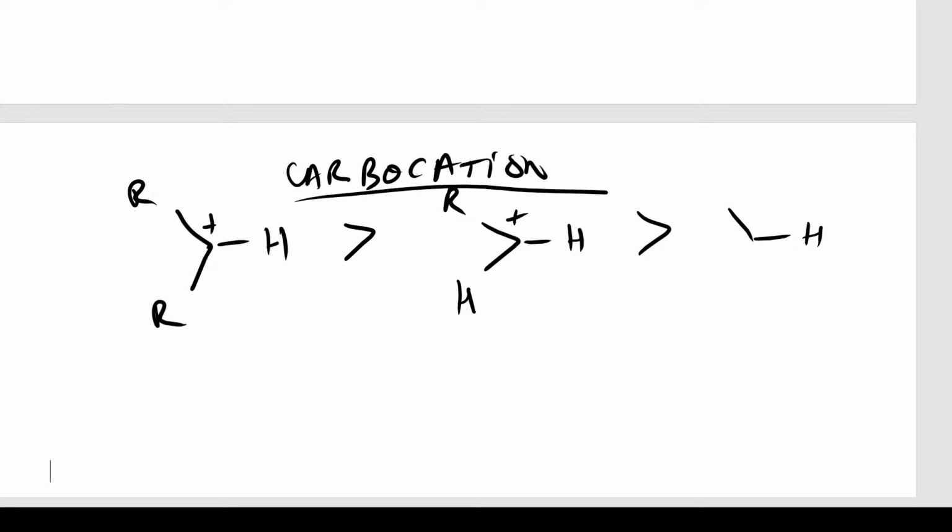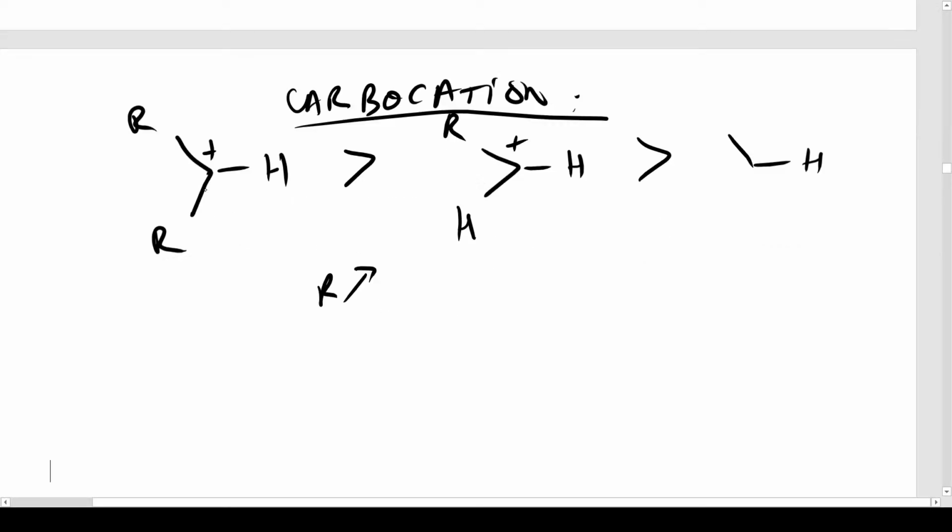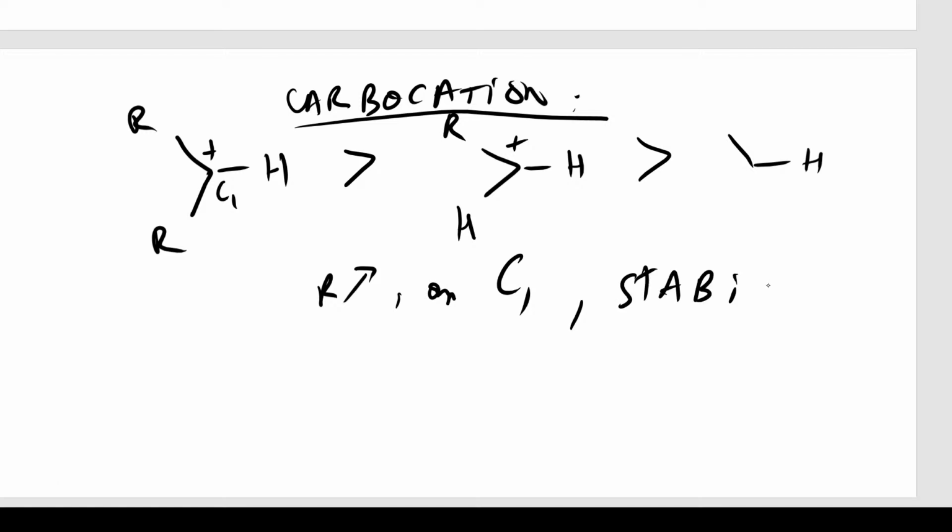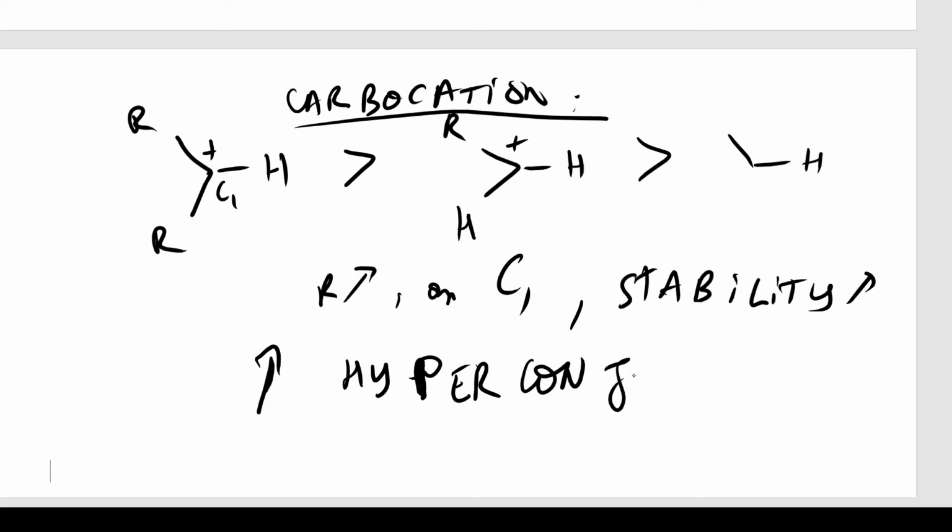For a radical it is the same. So as the number of R increases on C1, the stability increases. And one thing, you can have even more hyperconjugation.